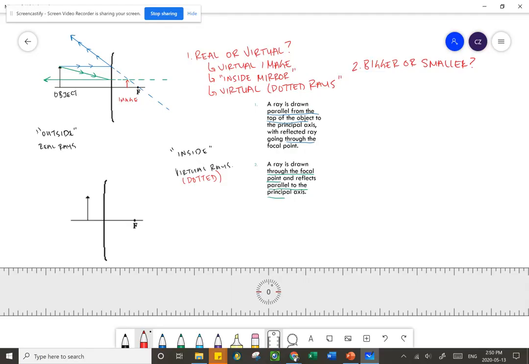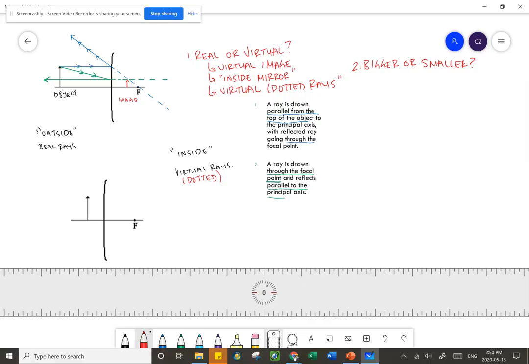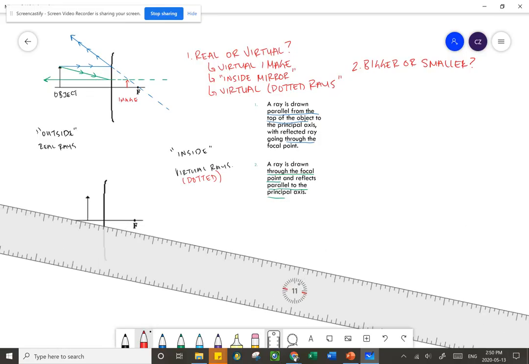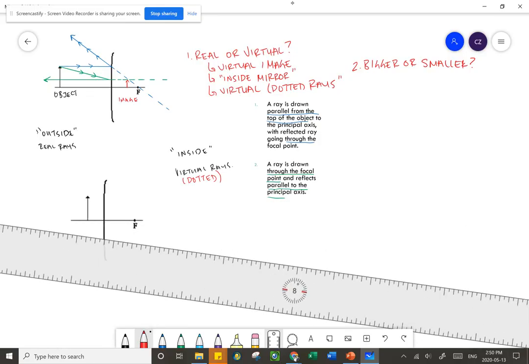Well, we can see pretty easily by comparing them. You could also use a ruler if you needed to measure. Okay. The object is obviously much bigger than the image, so it produced a smaller image. Okay, we can see the image that was produced, what's in red, is a lot smaller than the original object.